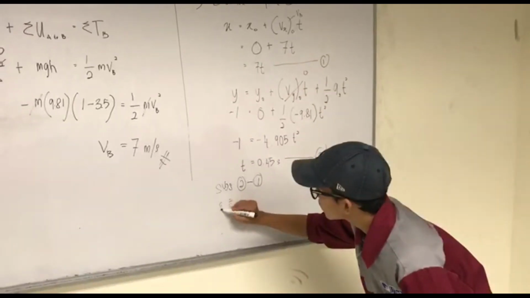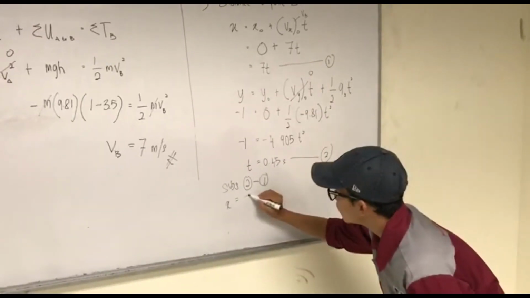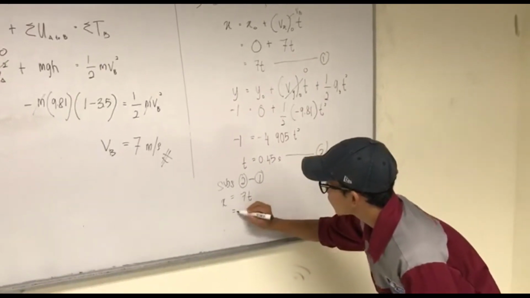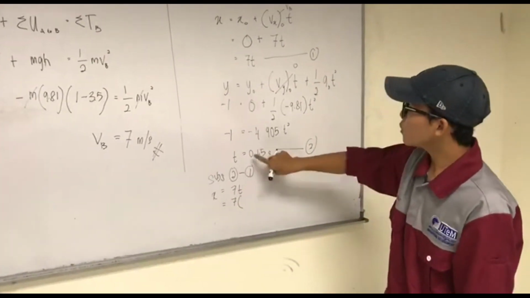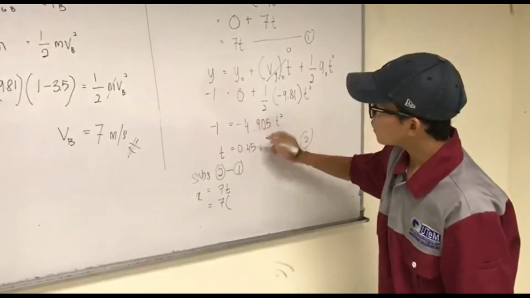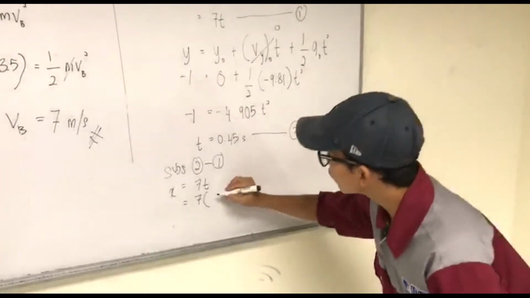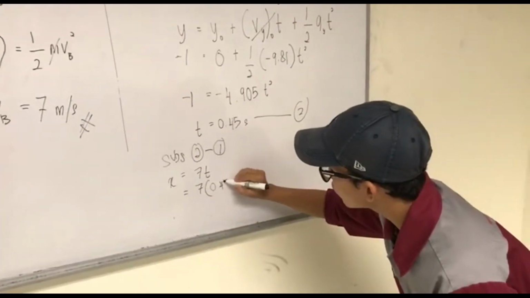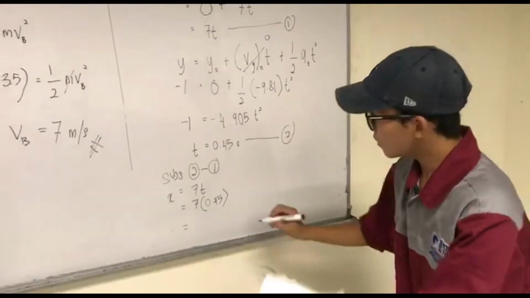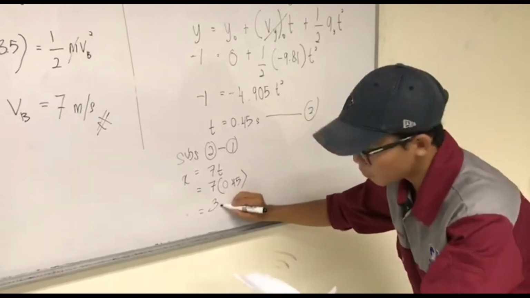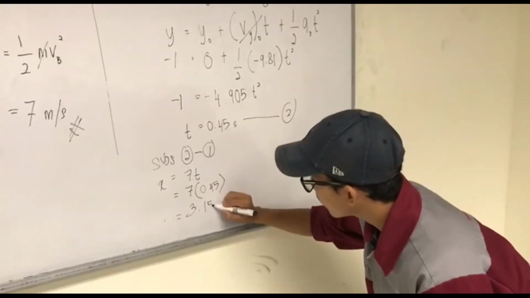So x equals 7 times t. T we know the answer is 0.45. So we just calculate, and then we get the answer 3.15 meter.